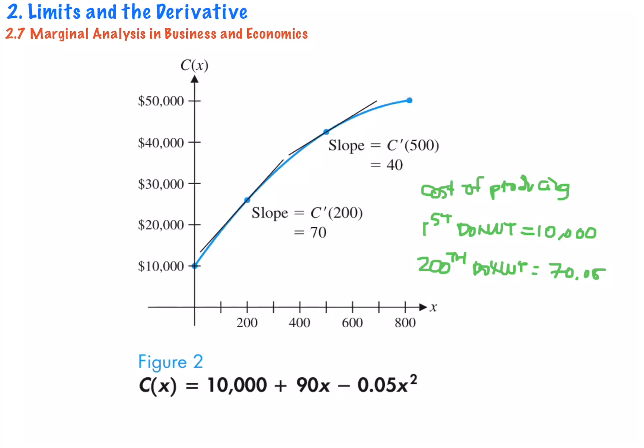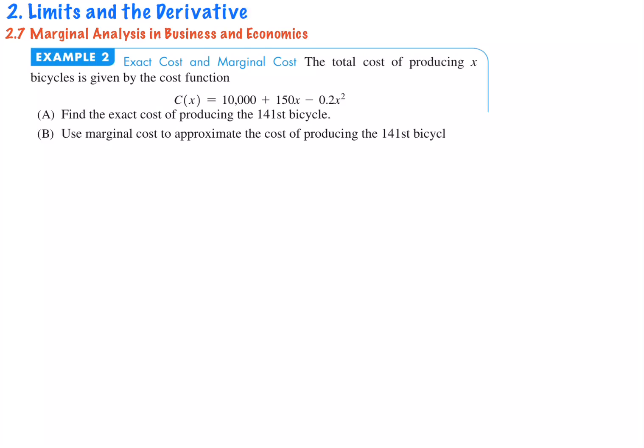Okay, let's get into the next problem. Example 2: the total cost of producing X bicycles is given by this function, C of X equals 10,000 plus 150X minus 0.2X squared. Find the exact cost of producing the 141st bicycle.